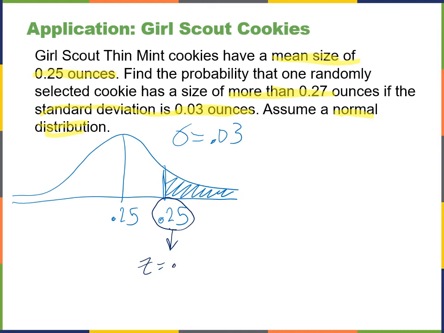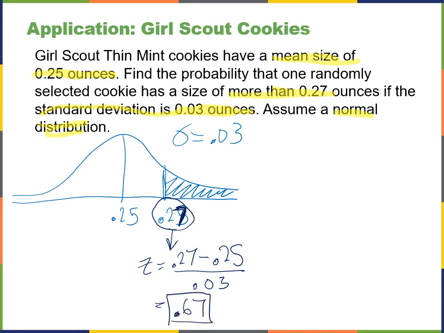So I'll take 0.27 minus 0.25, which is the mean, over the standard deviation, which is 0.03, and I'll come up with my z-score. So 0.27 minus 0.25 divided by 0.03, rounded to 2 decimal places, I get 0.67.